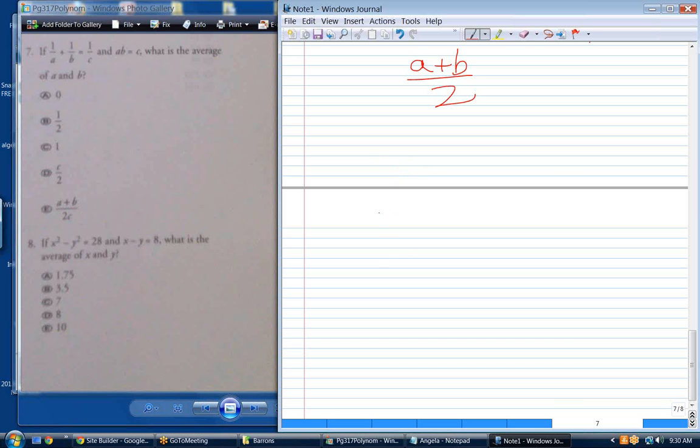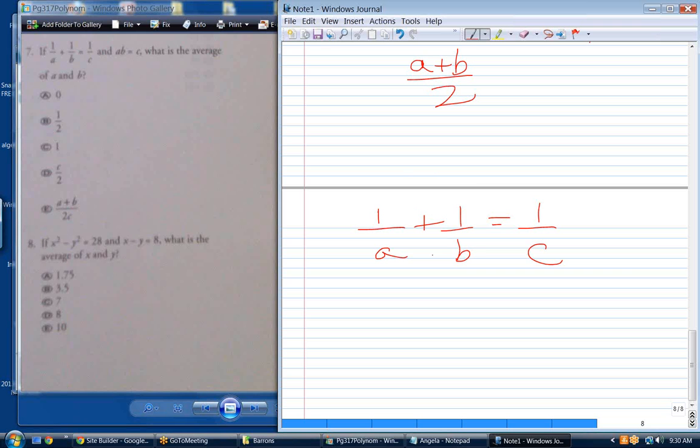Well, if 1 over A plus 1 over B equals 1 over C, is that the same as A plus B equals C? No, it isn't.